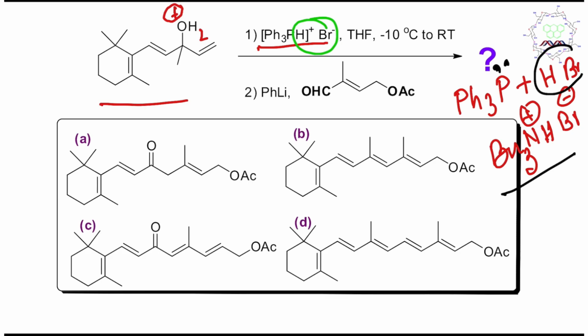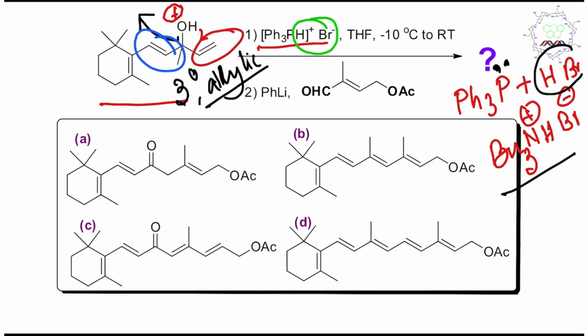And in the next stage, if this part leaves, what will it produce? It will produce a carbocation that is both tertiary and allylic. More specifically, it's doubly allylic. So from this side it's allylic, and from this side also allylic. So it's a highly stable cation.